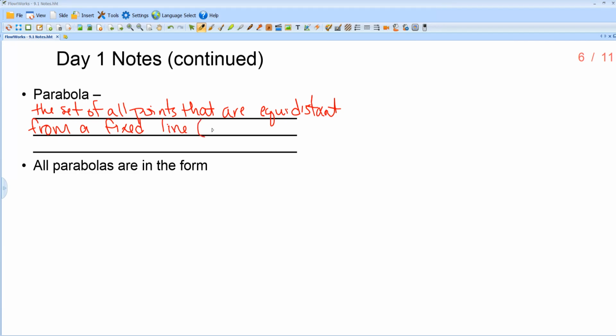That fixed line is called the directrix. Sort of a cool name, directrix. And a fixed point. And that fixed point is called the focus.